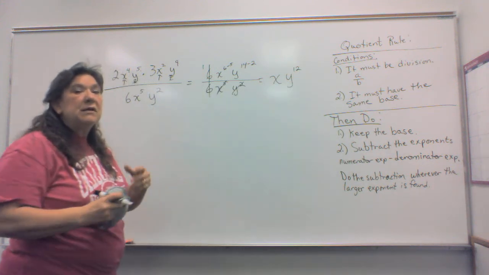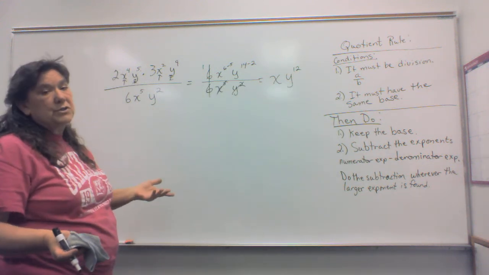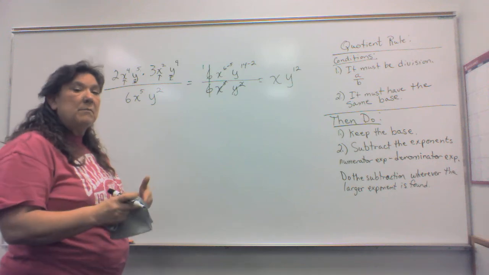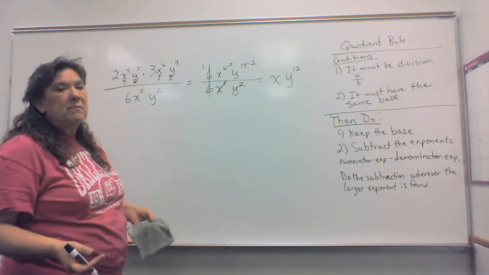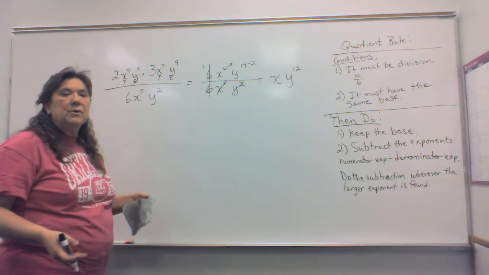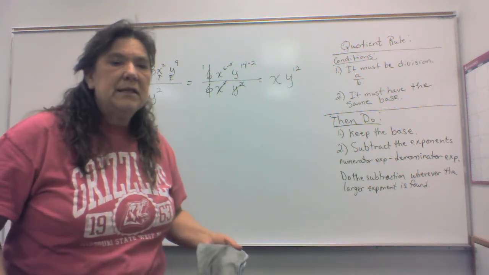So you see, we can combine the rules and have them become a little more complex by combining both a product rule and a quotient rule in the same problem.